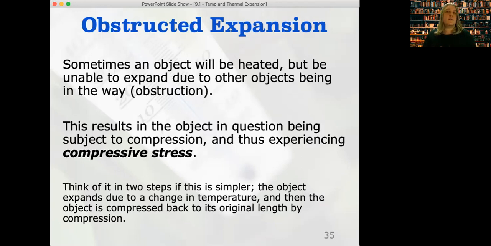If you need to picture this, you can think of it as two steps. Imagine taking the object out, heating it up. It now gets to a certain length, a longer length, and you now have to squash it to put it back where it is. So you can think of it in those two steps if it helps you visualize it. But essentially, this object, without changing at all, has now become compressively stressed.